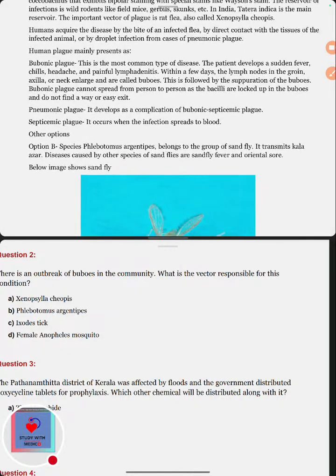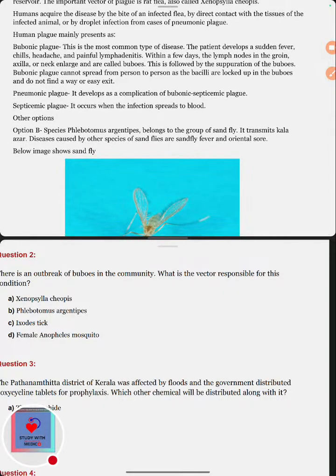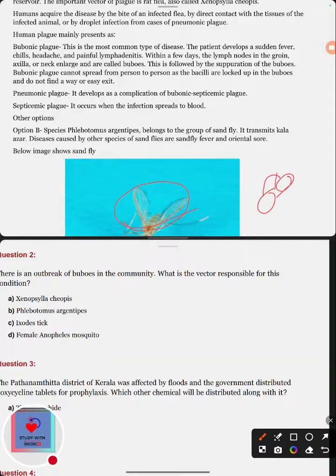Humans acquire the disease by the bite of an infected flea, by direct contact with the tissues of the infected animal, or by droplet infection from cases of pneumonic plague. Human to human transmission is also there, but it is very rare. From animal to human, transmission is by the vector Xenopsylla cheopis.